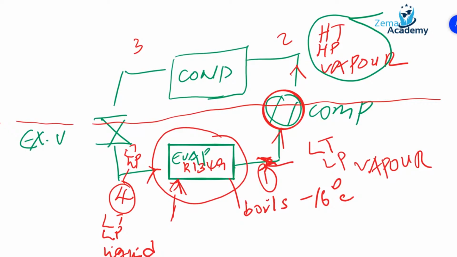So imagine here you have high temperature and high pressure vapor that you can use for different applications, whether for space heating or for hot water, depending on the application again. But the only way to extract that heat is to pass it through a condenser.